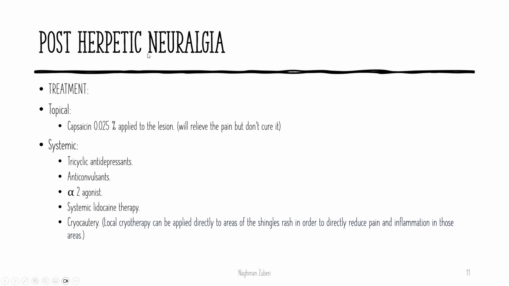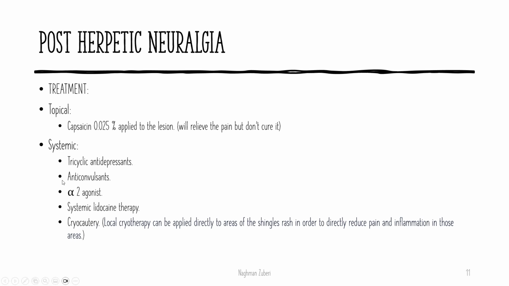Well, in post-herpetic neuralgia, the treatment could be topical and it could be systemic. Topically, a cream or ointment, capsaicin 0.025%, is applied to the lesion. It is not going to treat the cause, it will just relieve the pain.